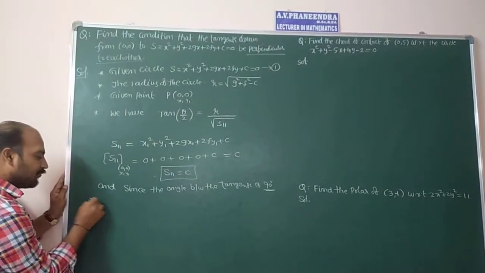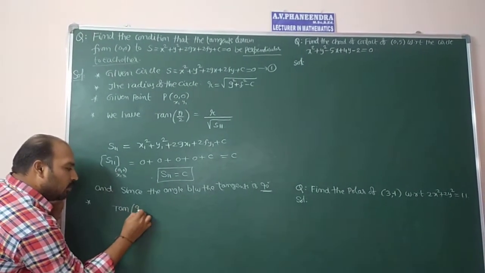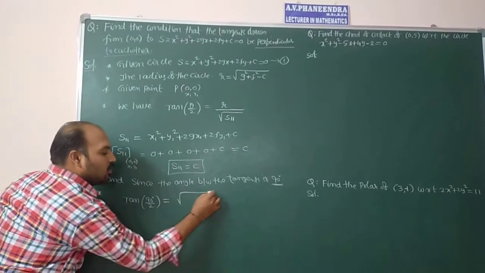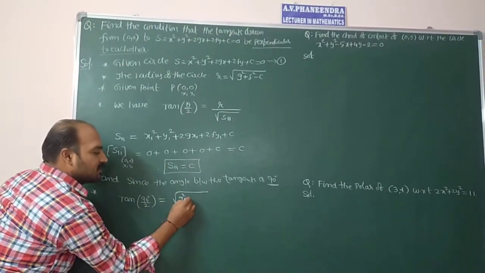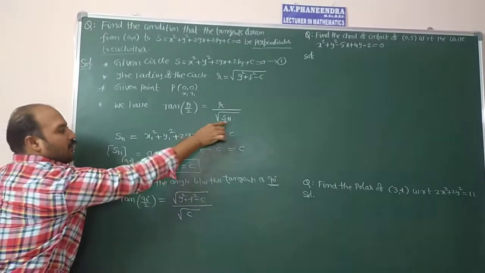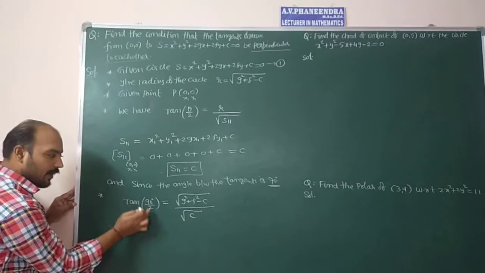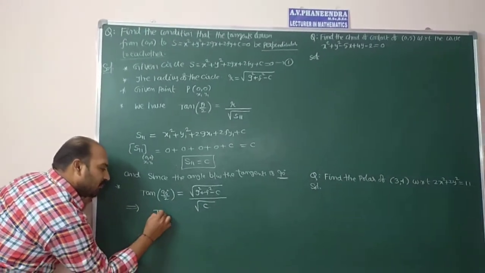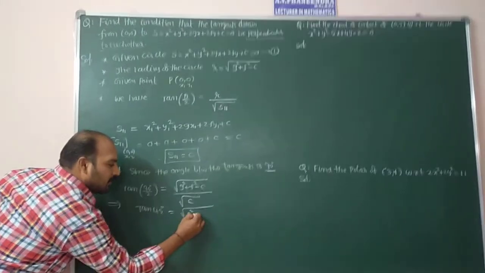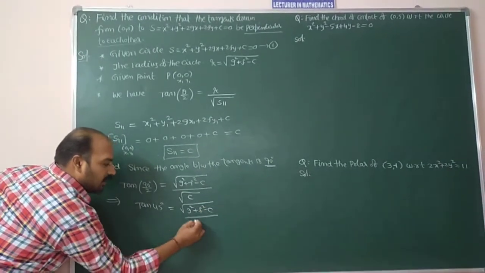Substitute in this: tan of 90 by 2 is equal to the r value, root of g square plus f square minus c, divided by root c. S11 value is equal to c. So 90 by 2 means tan 45 is equal to root of g square plus f square minus c by root c.